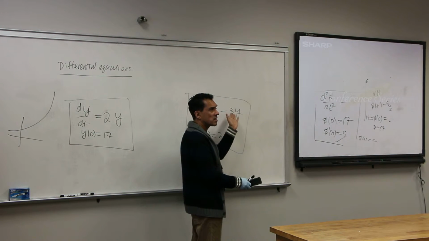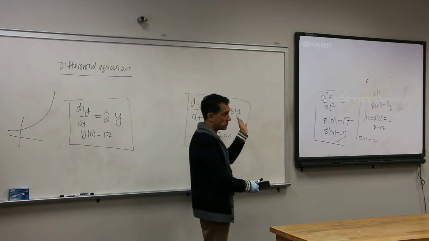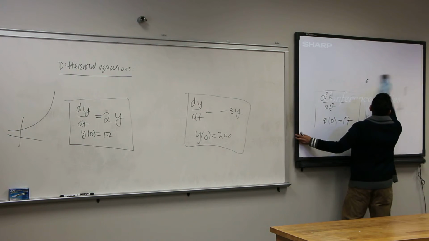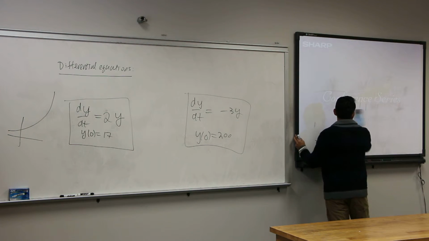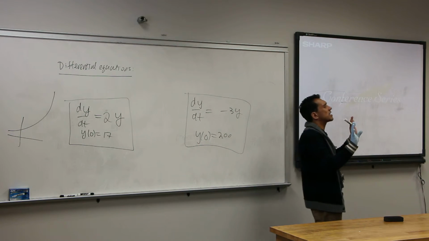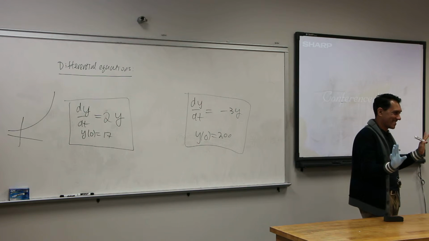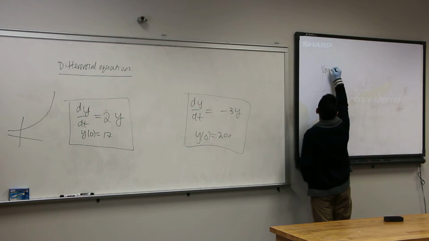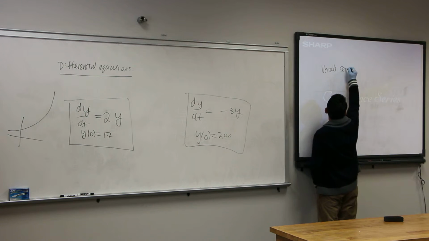I would say e to the negative 3x. What we call these are variable separable equations. The simplest kind of differential equations. Absolutely the simplest. Variable separable.